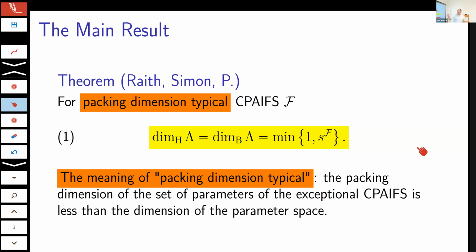When I say packing dimension typical, what I mean is that the packing dimension of the set of parameters for which the statement does not hold is so small that it has less than full packing dimension. So the set of exceptional parameters is small in the packing dimension sense.